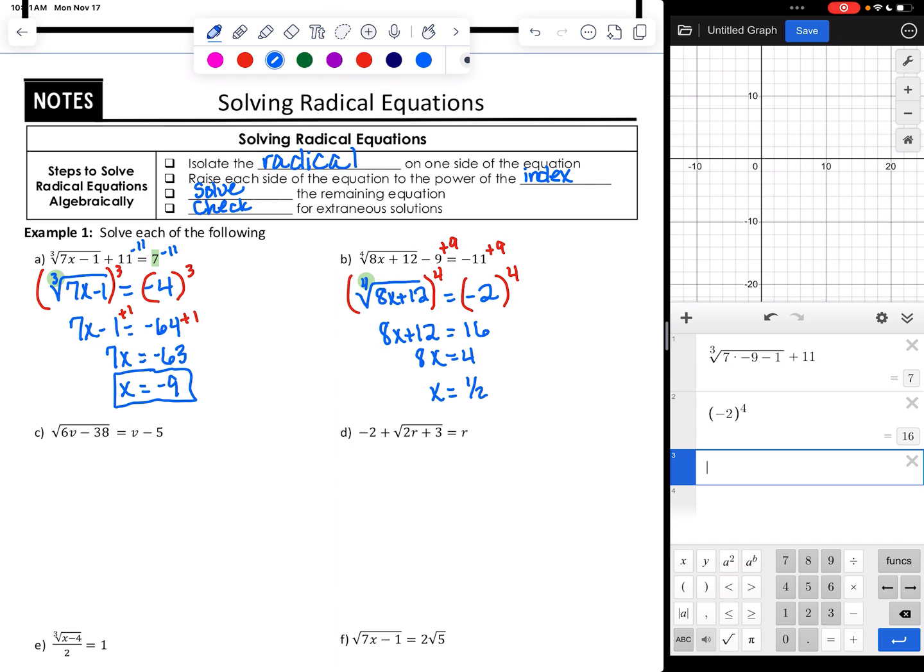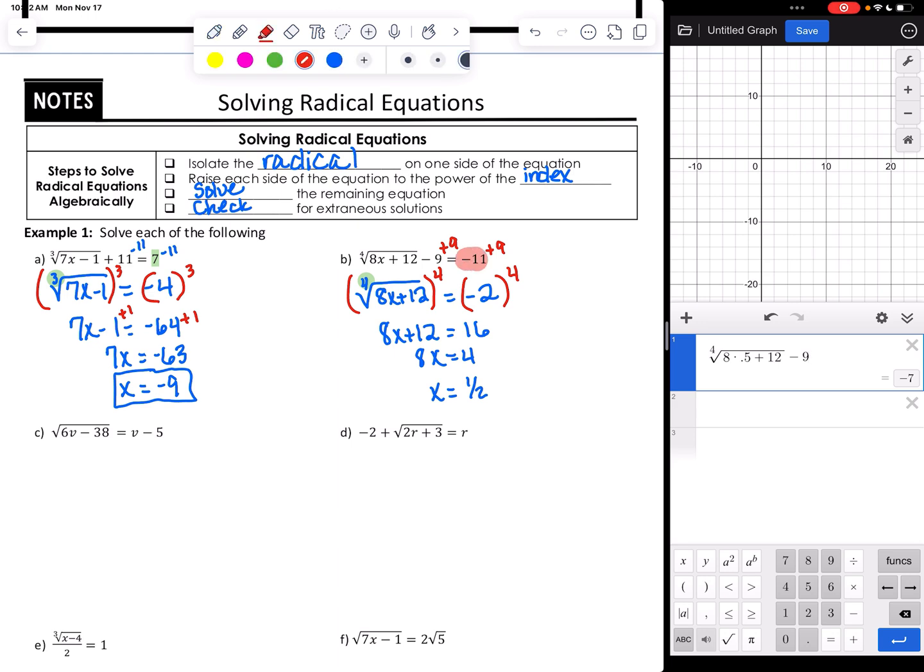So I'm going to edit this original problem we did here. I'm just going to change that cube root to a fourth root, and I'll put 8, and then I want to multiply it by, now we got an answer of 1/2, I'll just put in 0.5, 8 times 0.5 plus 12, and then we want minus 9, and we were supposed to get negative 11.